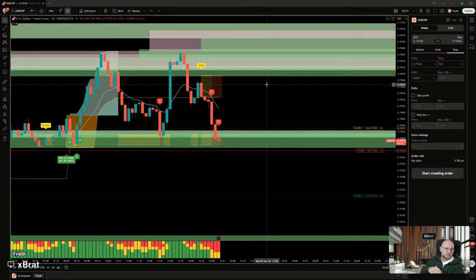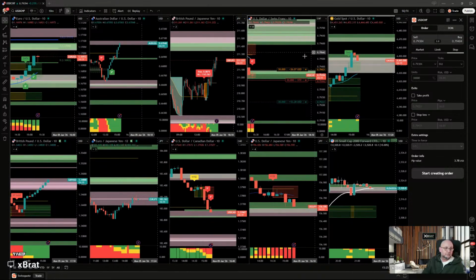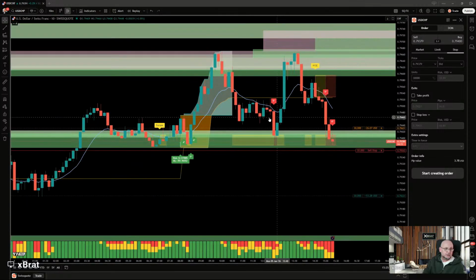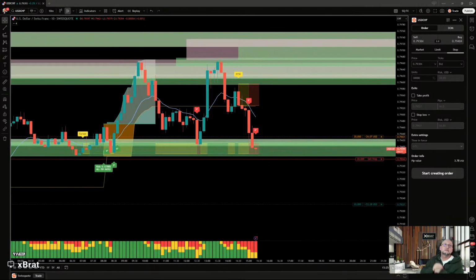This bottom left screen that you're actually seeing right now is my sort of screen for forex, basically. The only order I've got on right now is this here. And then top left is really to do with xBrat AI and confluences and things like that.